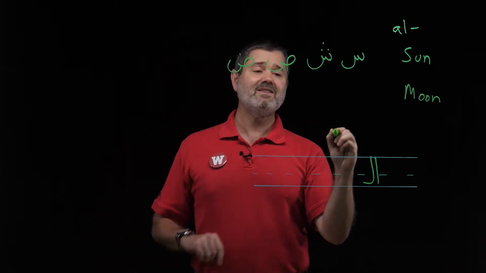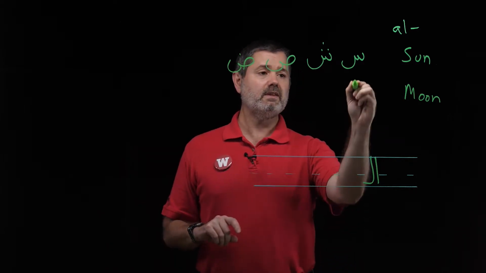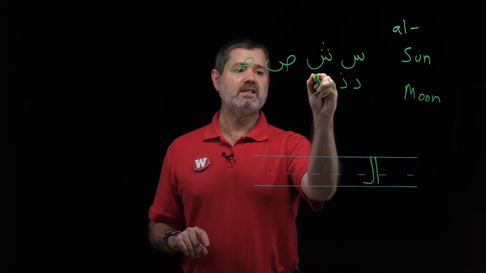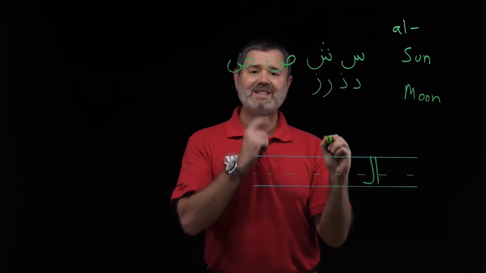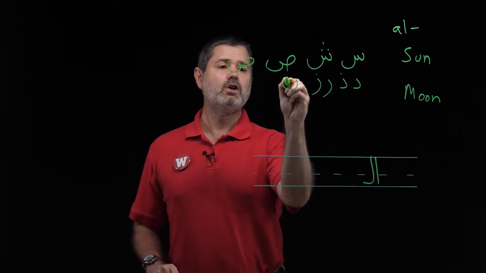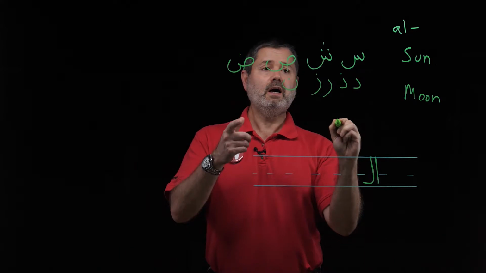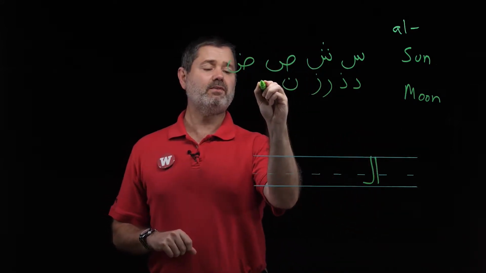You also know the four non-connectors. They were all made in the front of the mouth. The dal, the thal, the ra, the za. All of these letters are in the front of the mouth. Another one that's up in the front is the noon. And then all of our T sounds. T is up in the front of the mouth, and we have quite a few of those.